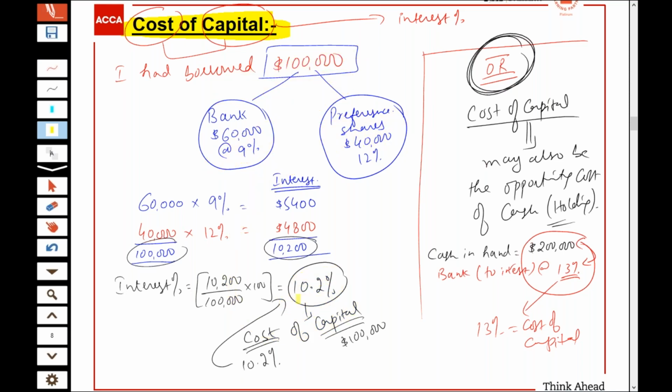So if I will be investing in a next project, obviously I will be demanding more than 10.2% because I have to pay 10.2%. Okay, understood this now?